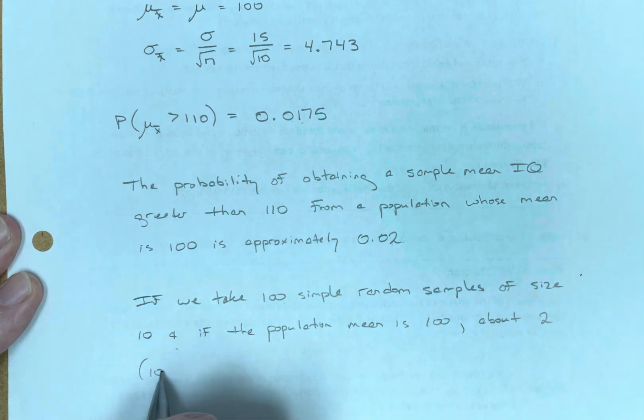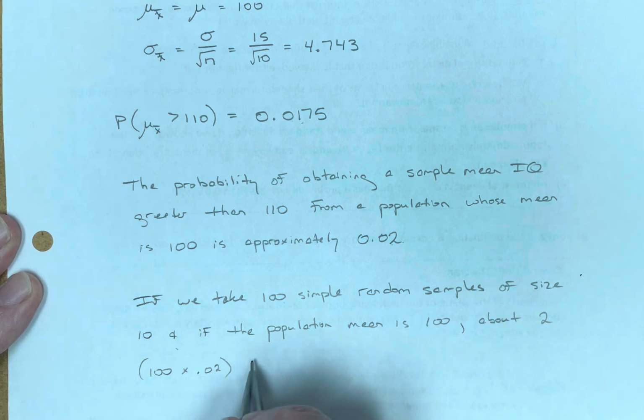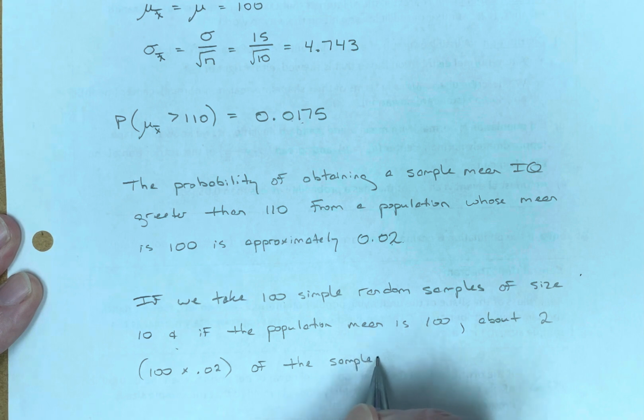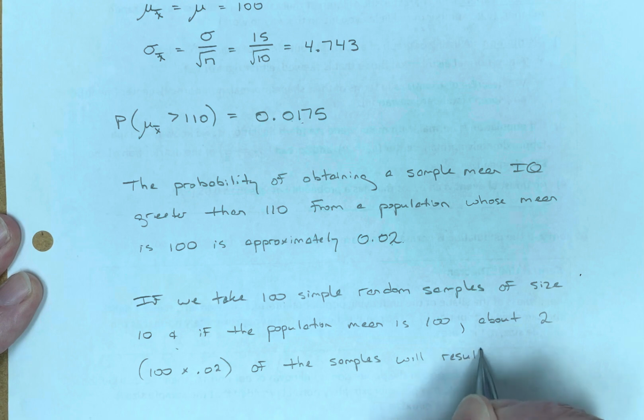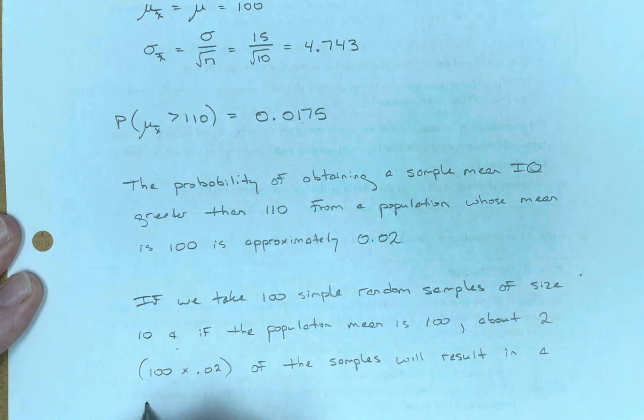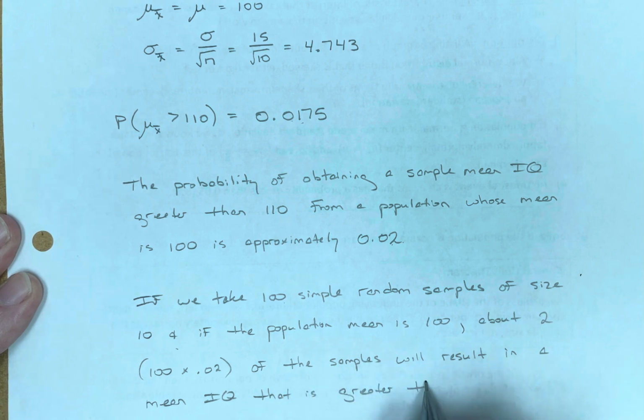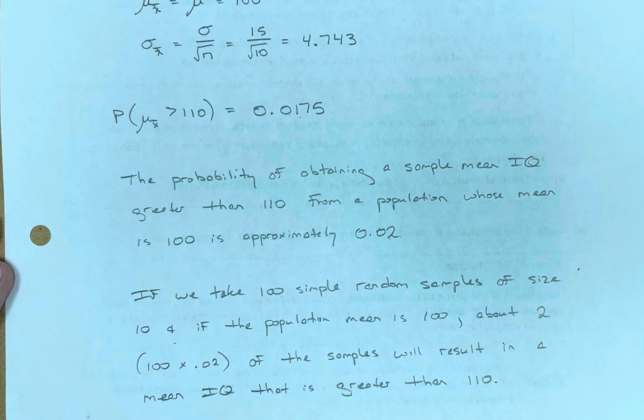Note that this is 100 times 0.02. About 2 of the samples will result in a mean IQ that is greater than 110.